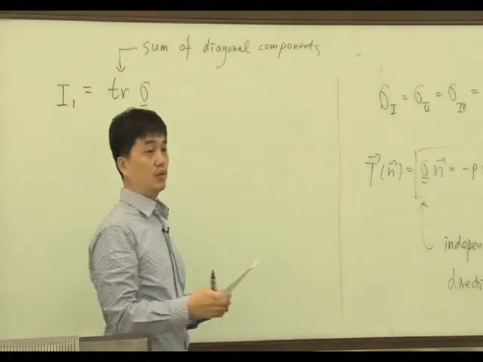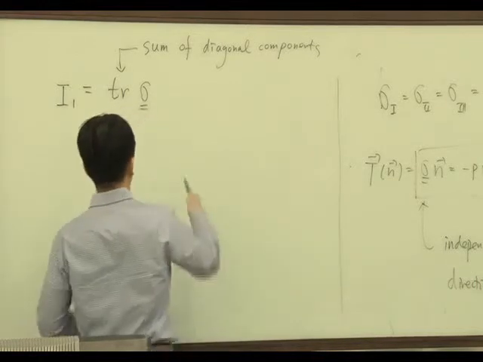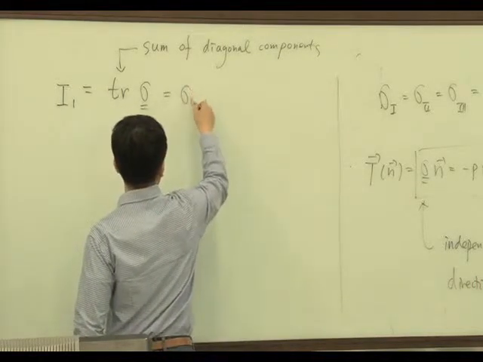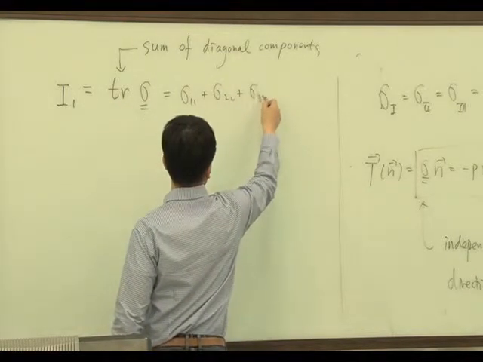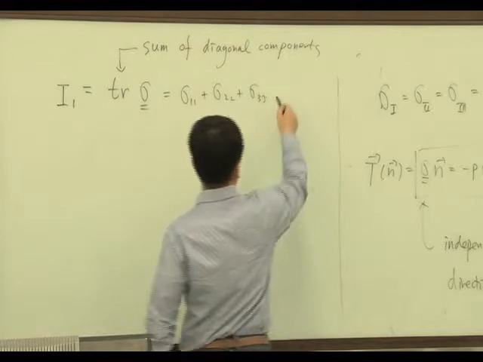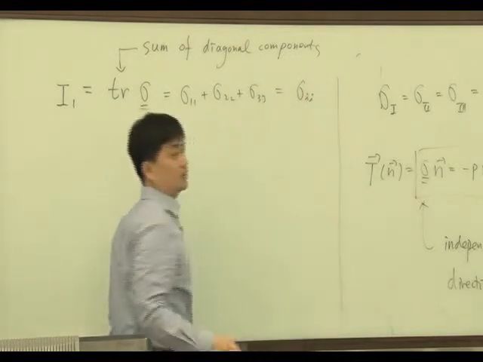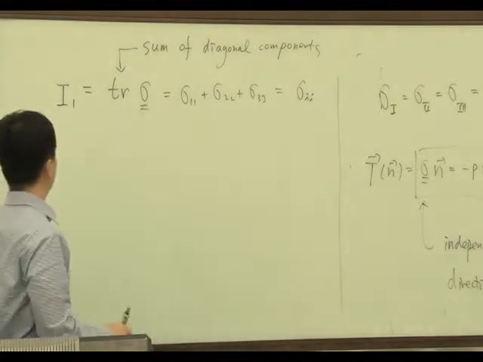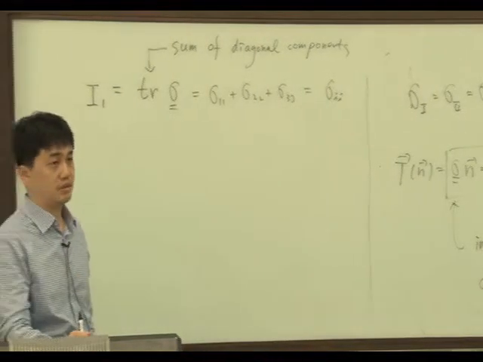So we are only summing the diagonal components, which means sigma 11, 22, 33. In tensor form, this is I1, the first stress invariant.